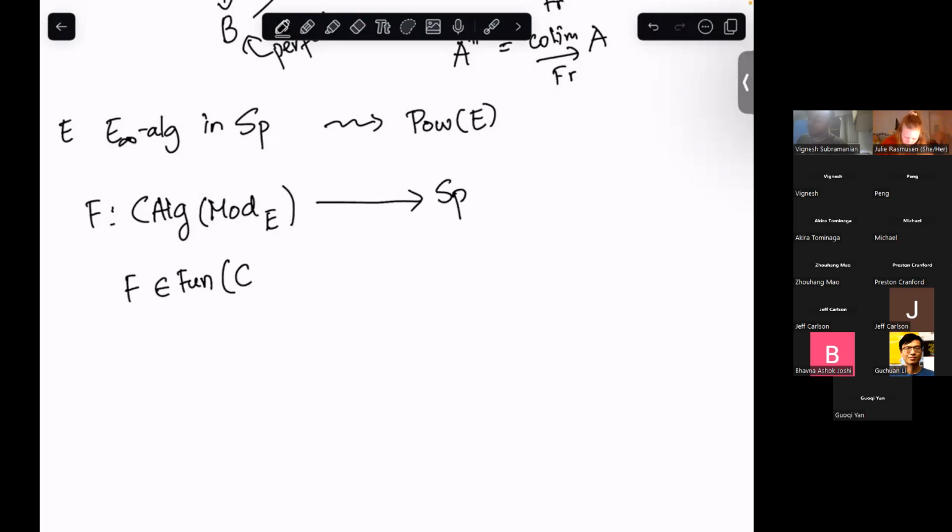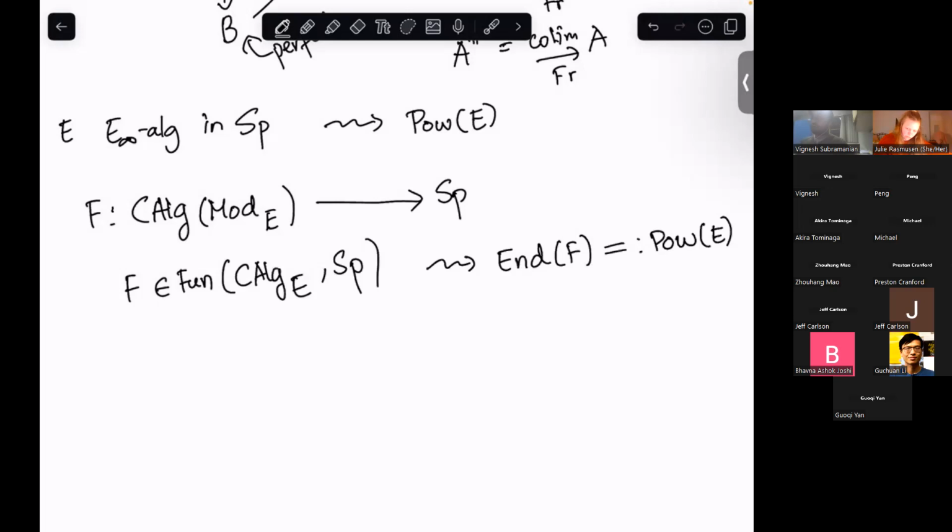You have commutative algebras over E to spectra. You have an f here. Note that functors from commutative algebras into spectra form a stable category. So this means you can form the endomorphism of f, and this is going to be an E1 object in spectra. And this is what is defined to be the algebra of power operations.